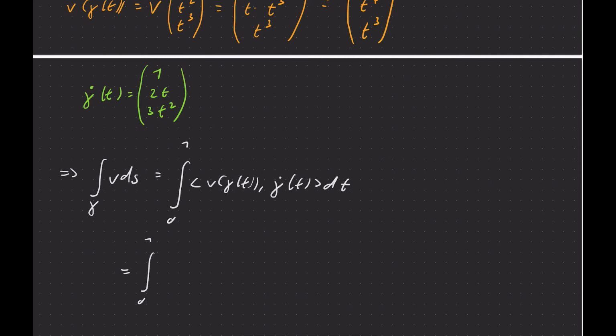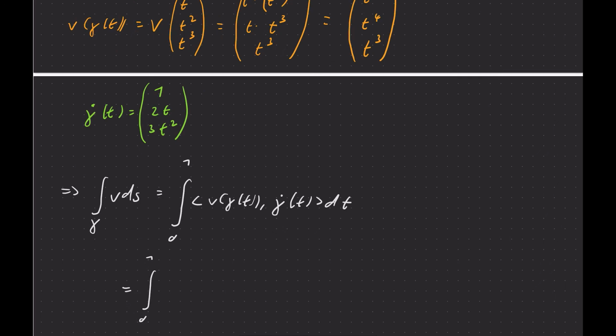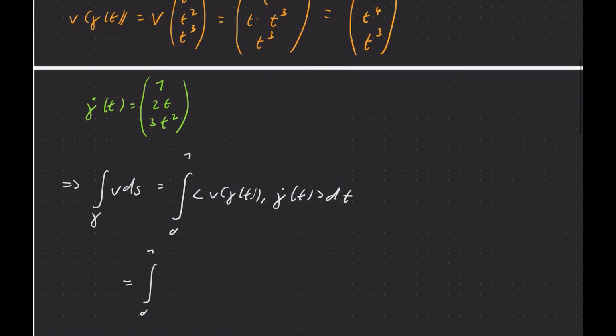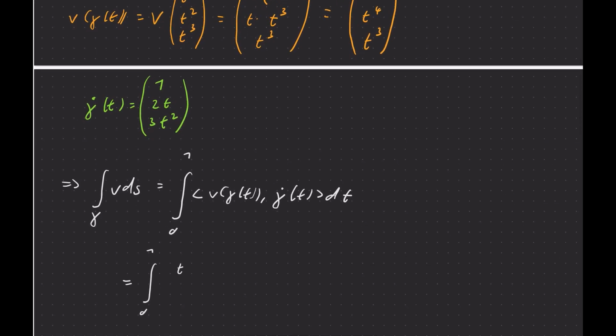That simply means we take v of gamma of t transposed and multiply that with gamma dot. So we have t to the power of 5, t to the power of 4, t to the power of 3. We multiply that, or the transpose of that vector, with 1, 2t, 3t squared.